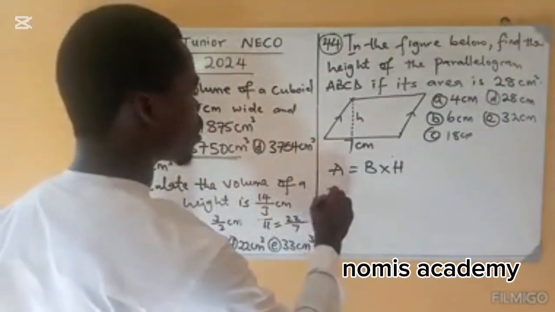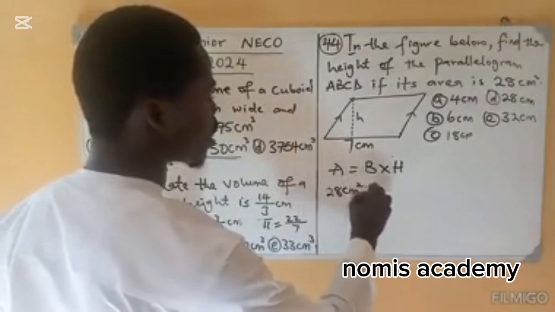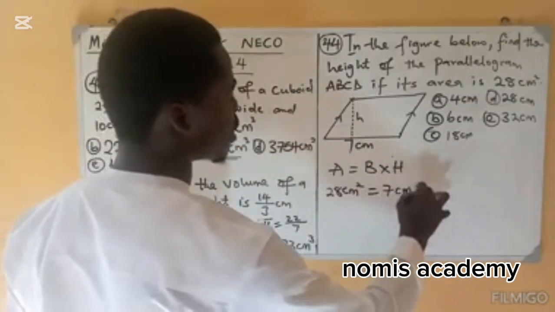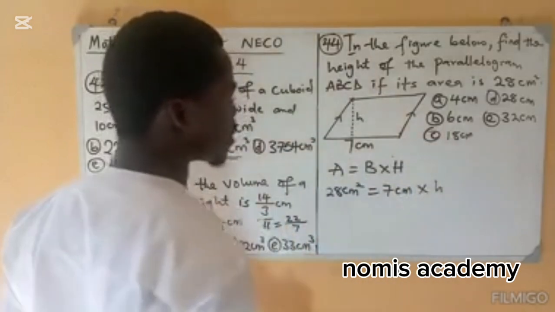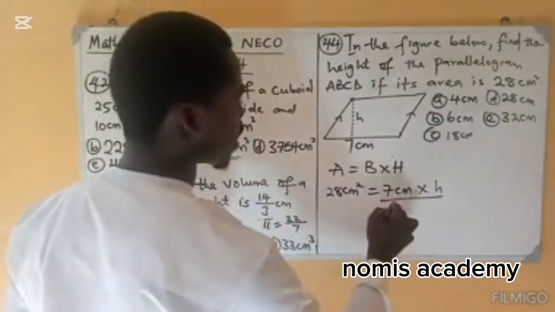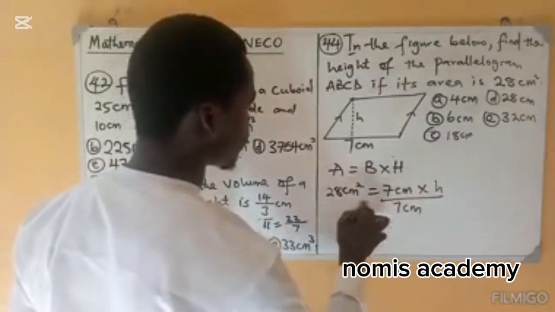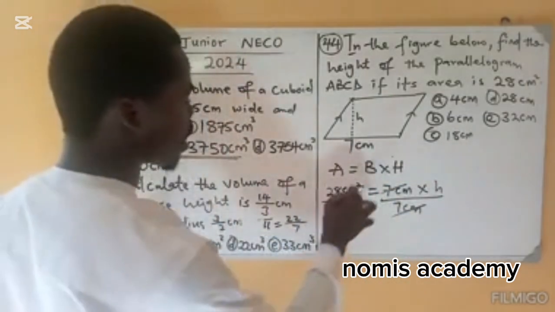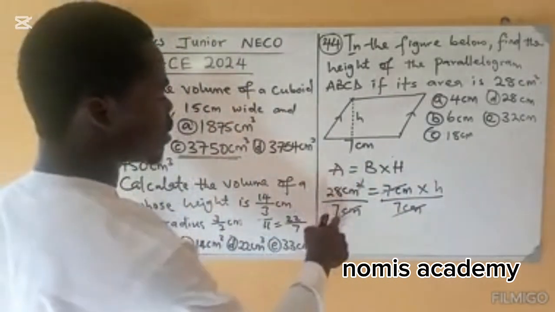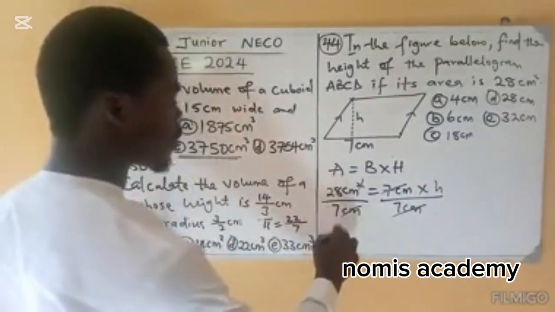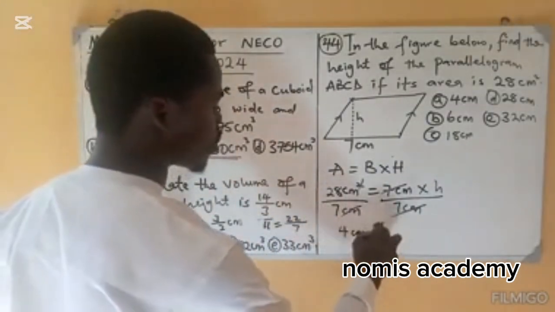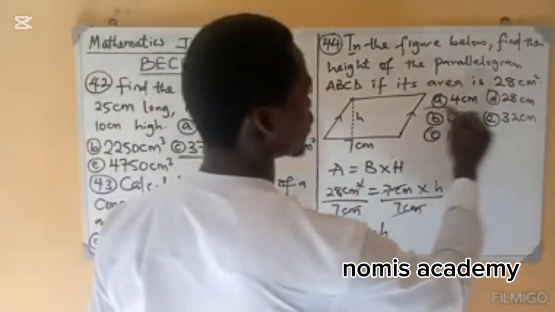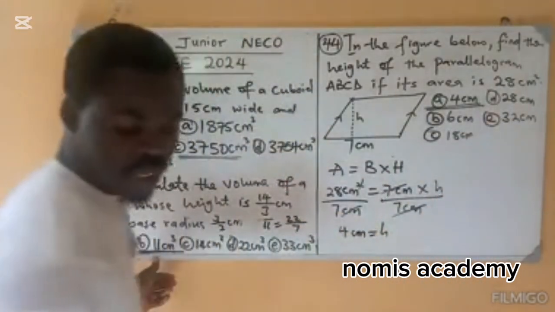So 28 equals 7 times the height. Dividing both sides by 7, 28 divided by 7 is 4 centimeters. So the height is 4 centimeters. Option A is the correct answer.